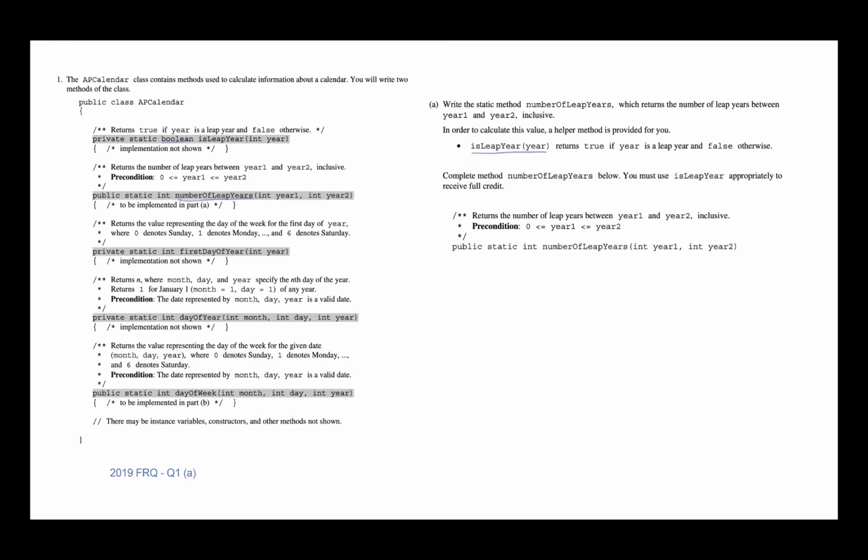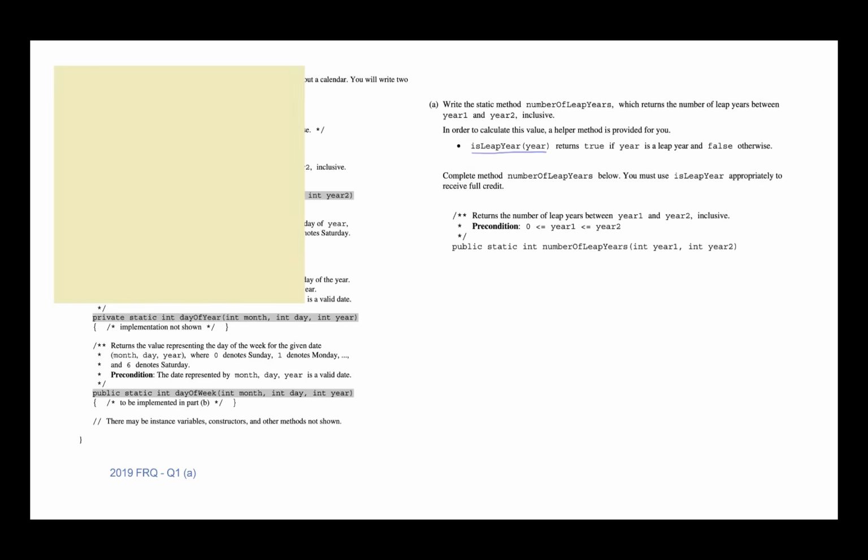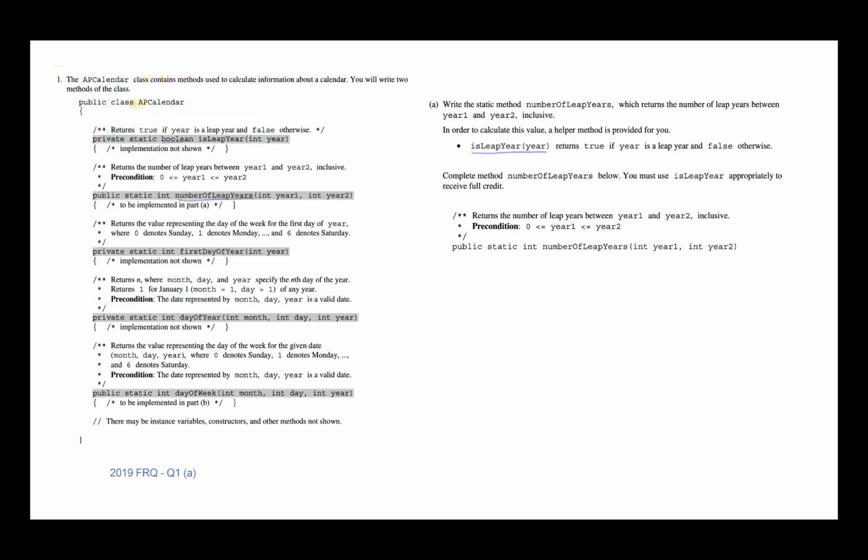So I'm going to use a post-it note to write down my pseudocode. Because we're going to have to keep track of the number of leap years, I'll need a counter variable. So first I'll need a counter. Then I'm going to loop through each year from year1 to year2, inclusive.